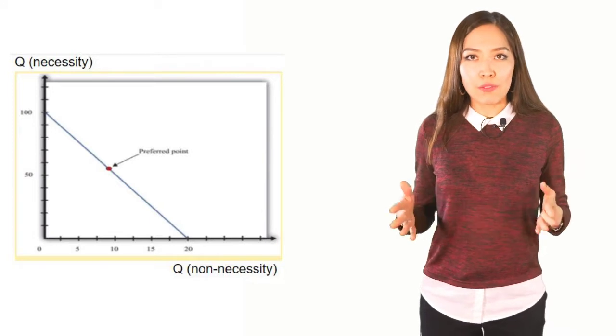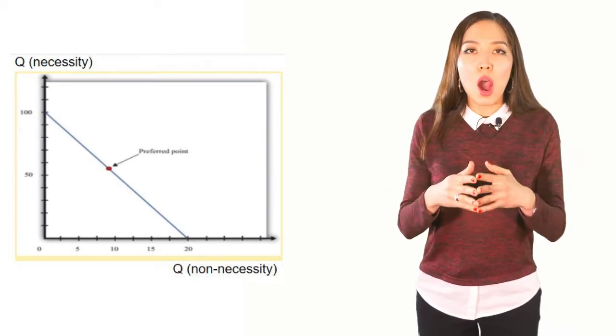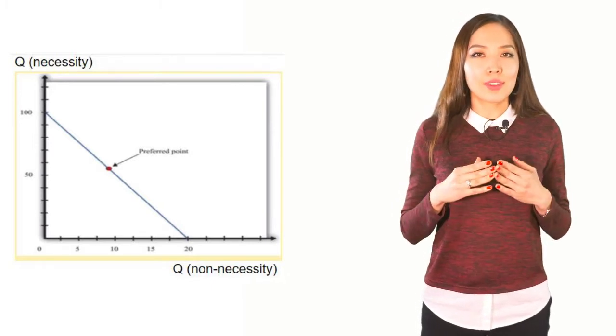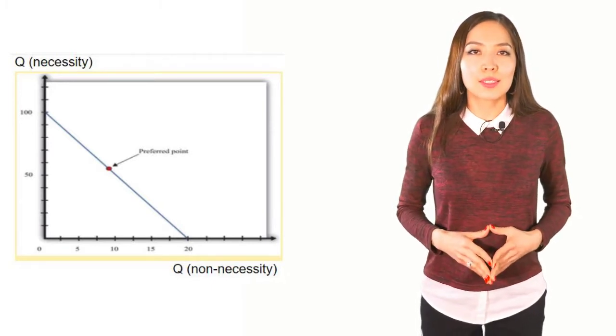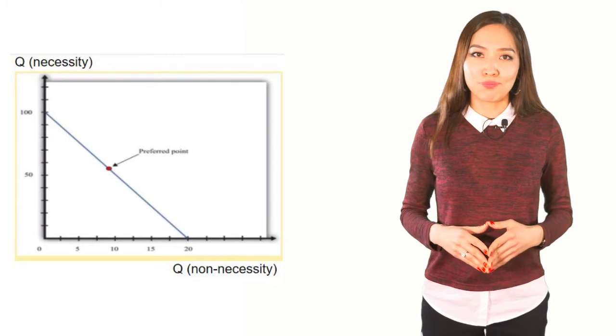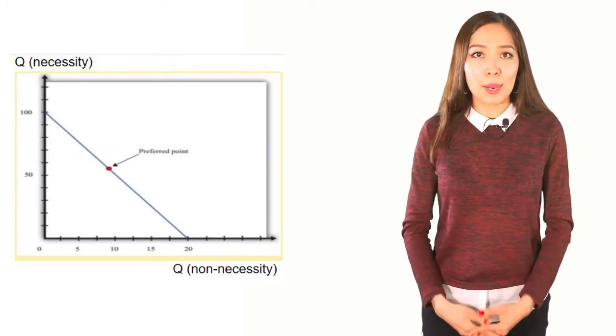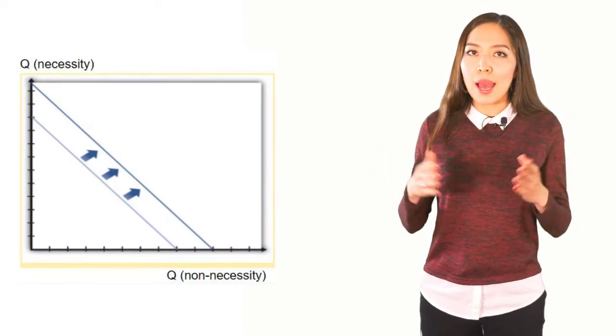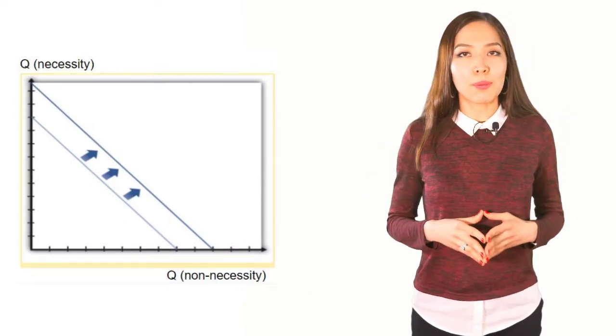Using this as a reference point, we now ask how his choice will change as income changes, and then as the price of non-necessity goods changes. Imagine that his income increases. This graph shows what happens to the budget line.